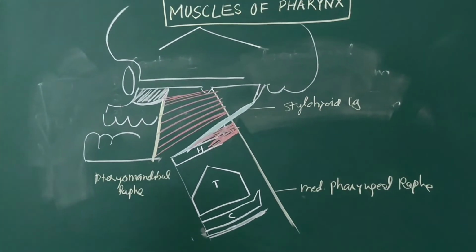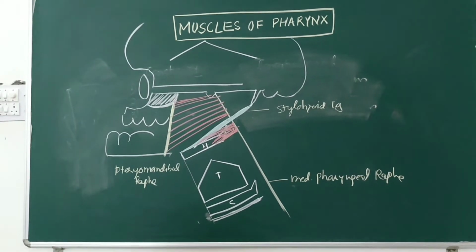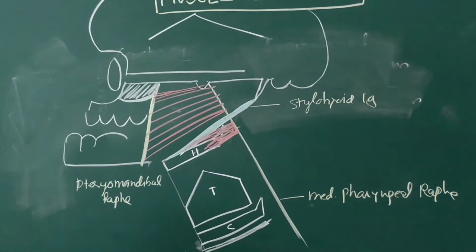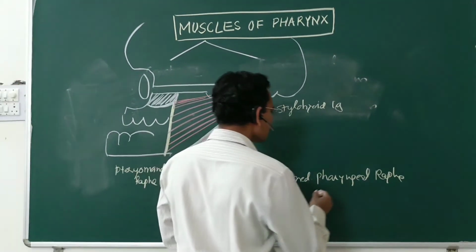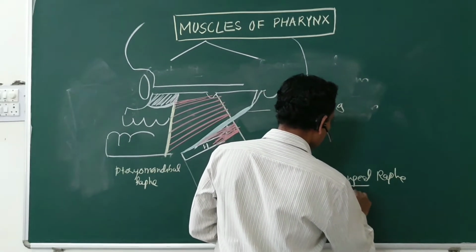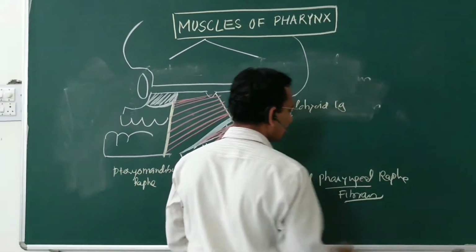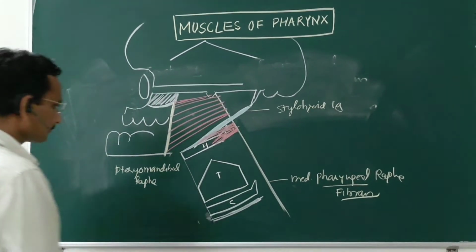Where is it getting inserted? It is inserted on the median pharyngeal or fibrous raphe. You call it the median fibrous raphe.